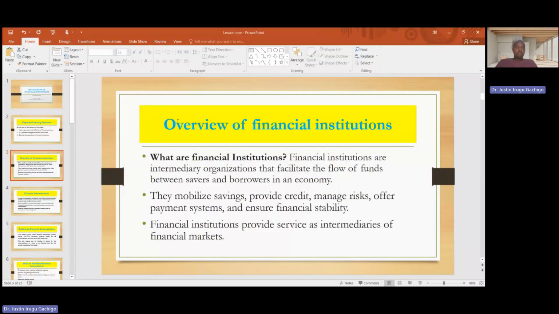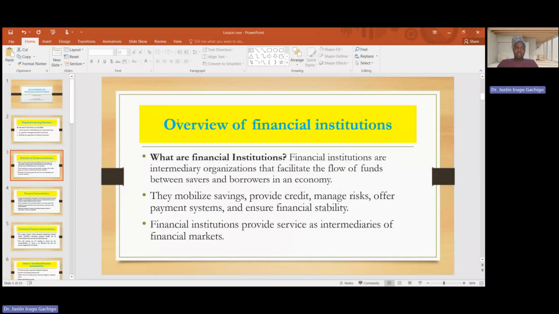So let us first of all define what financial institutions refer to. A financial institution is an intermediary organization that facilitates the flow of funds between savers and borrowers in an economy.